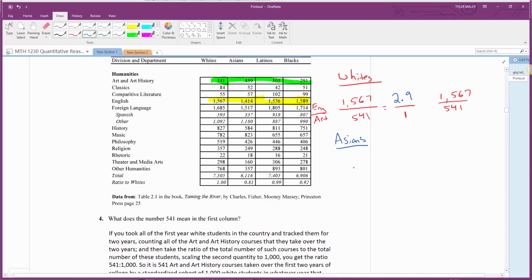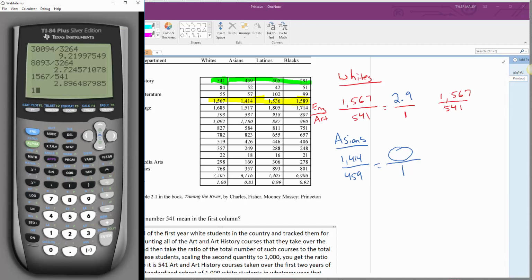So that proportion would look like this, right? So remember, English to art. So we would do 1,414 compared to 459 equals, and then scale this to 1, and then we would try to find this value. Right? So if we take 1,414 divided by 459, we get roughly 3.08.